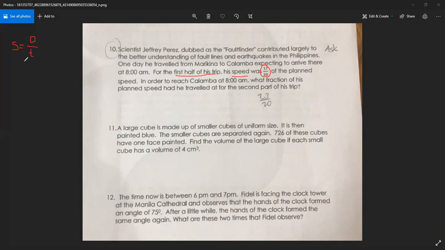Now, let us assume a number. Say for example that the distance between those two places is, it's up to you what number you want to use. Me, I'm going to use 80. Any number will do here as long as it is an even number. And then for the time, say for example, the time that you need for this travel is 2 hours.